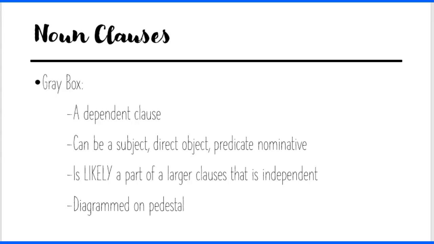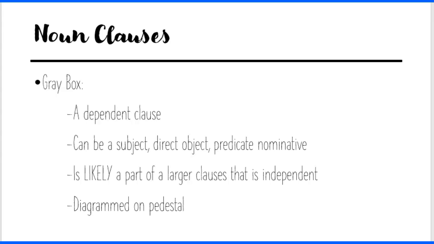Now, the reason that I say likely and hesitate to say that this is always the case is that sometimes, if you use a colon, a semicolon, a dash, or hyphens, you could end up having a dependent clause that sits there all by itself, and it wouldn't make sense unless it was connected with a larger sentence.